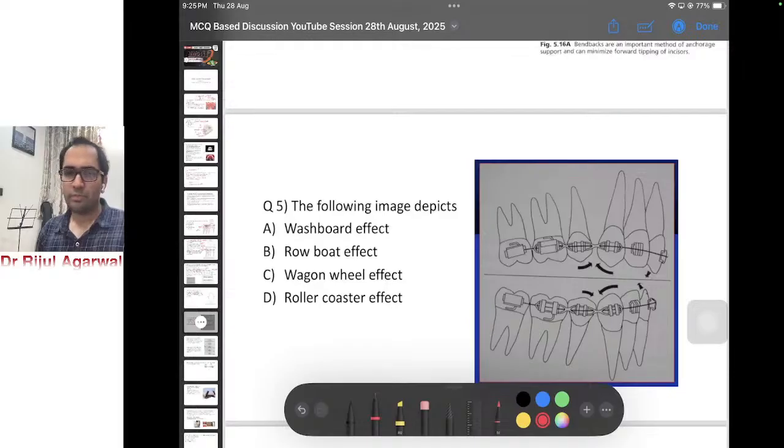Someone says option B, rowboat effect. Anyone else? Even if you are wrong, there is no issue in answering. I'll be able to help you out with the correct answer.